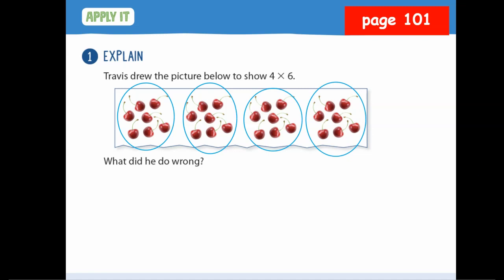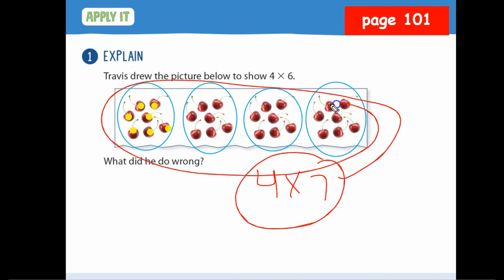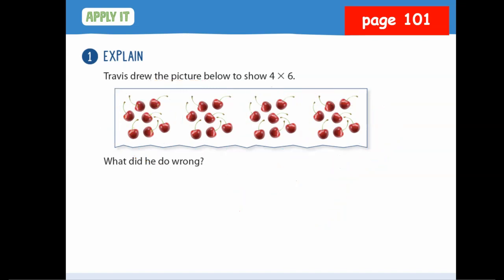There are 1, 2, 3, 4, 5, 6, 7. So technically, this is 4 times 7. 4 times 7 is what he has right here. And that's what's wrong.